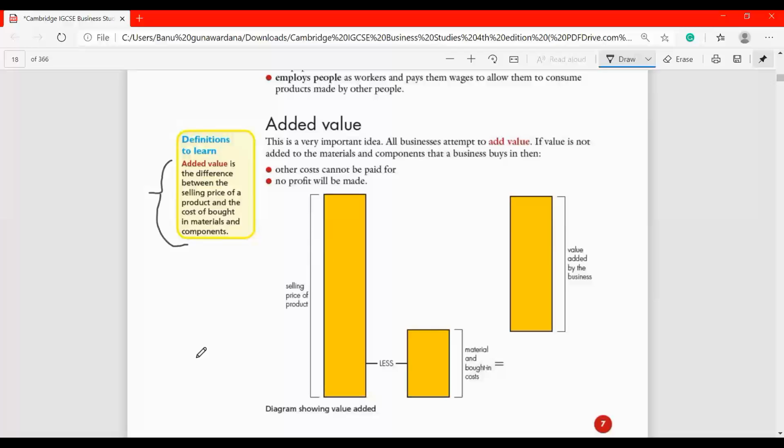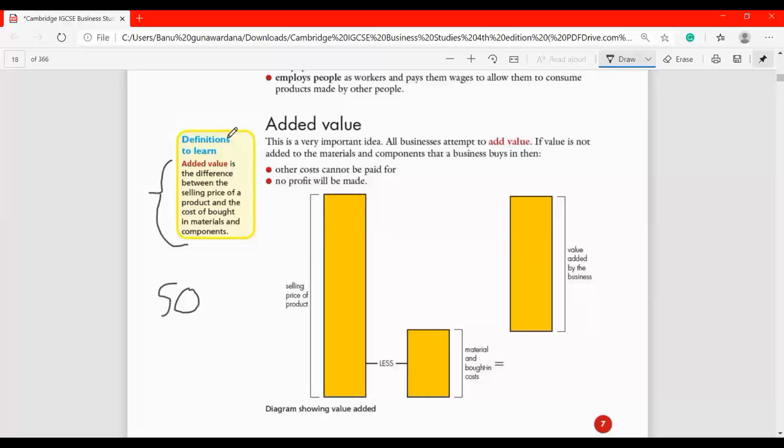if that business sells 1 carton of milk for $50, that is the selling price. And the cost for the factors of production, such as paying the wages of the labor, the raw materials from the cow, the capital, and all the components and bought-in materials, let's say the cost will be $40.